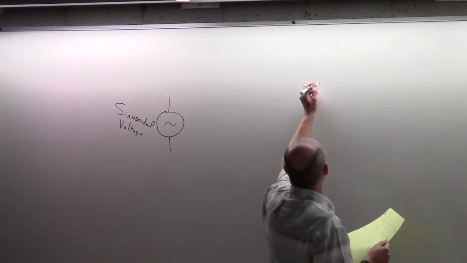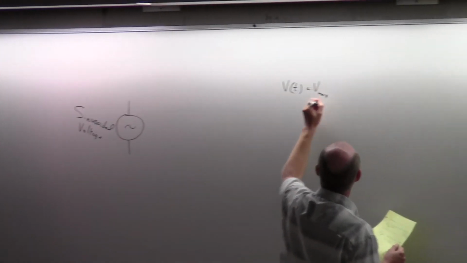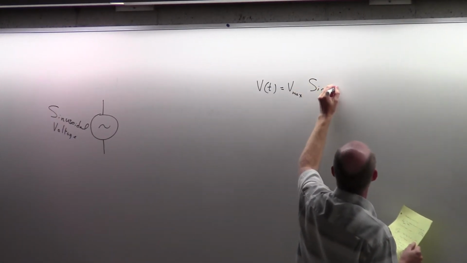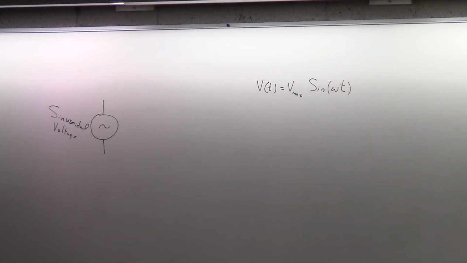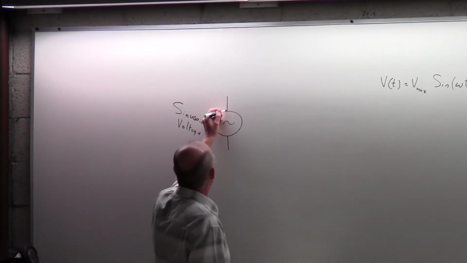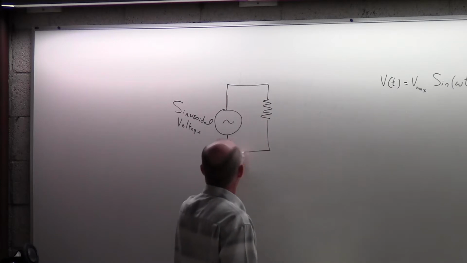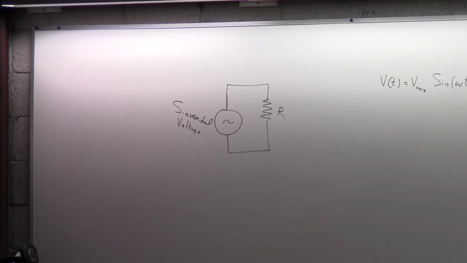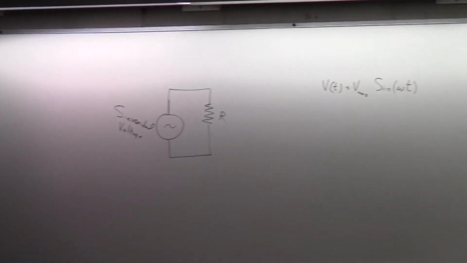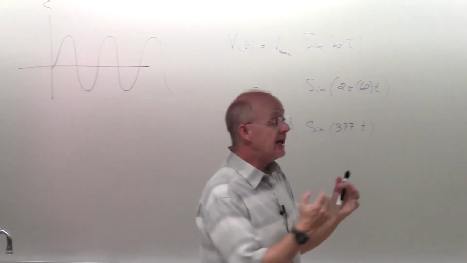In other words, the voltage as a function of time would be some maximum voltage times sine omega t. So let's just take that and hook it to a resistor. We did resistors first. They're the easiest ones to work with. You're going to see that here too. Resistors are by far the easiest ones to work with. So let's hook it up.